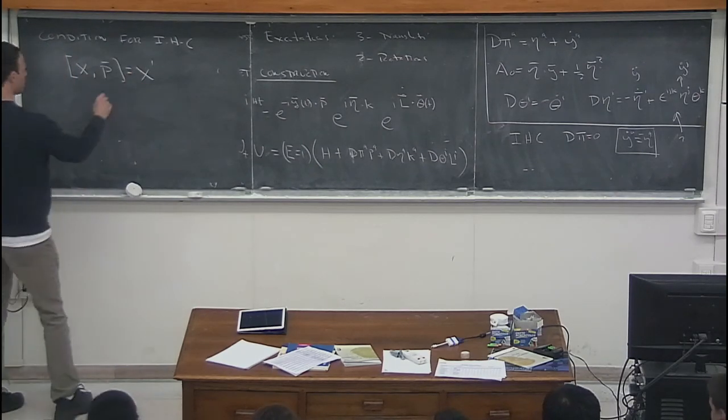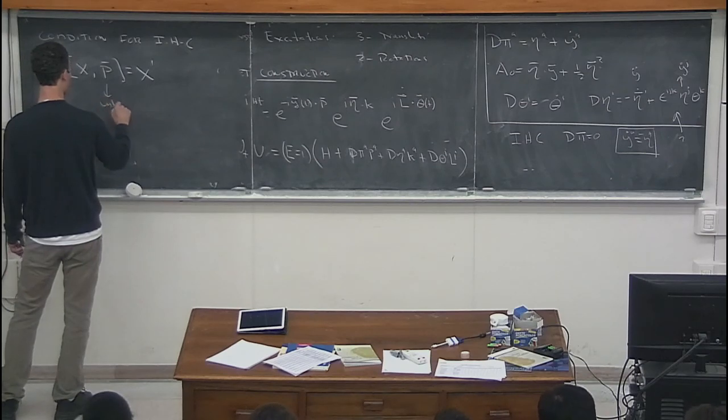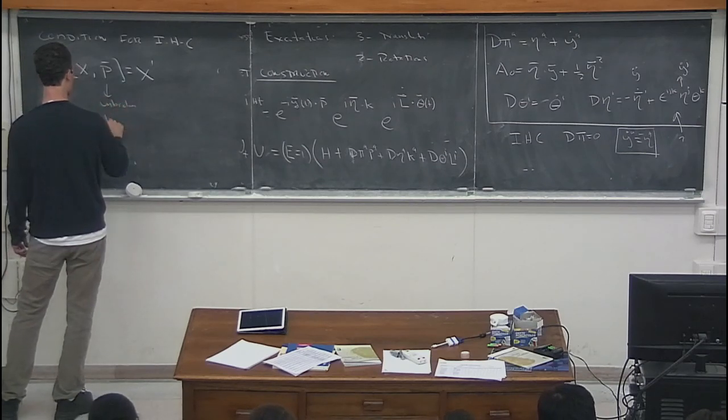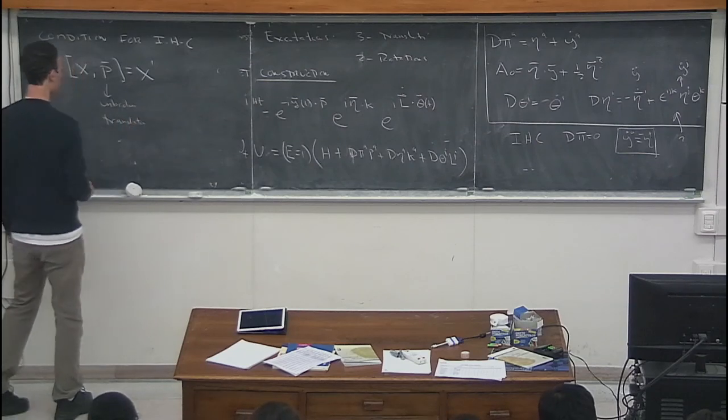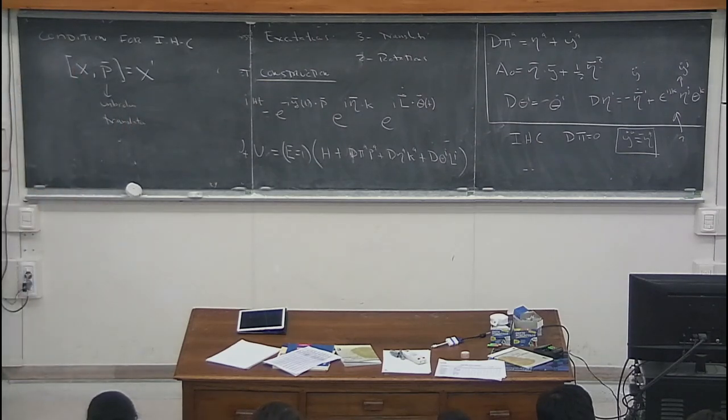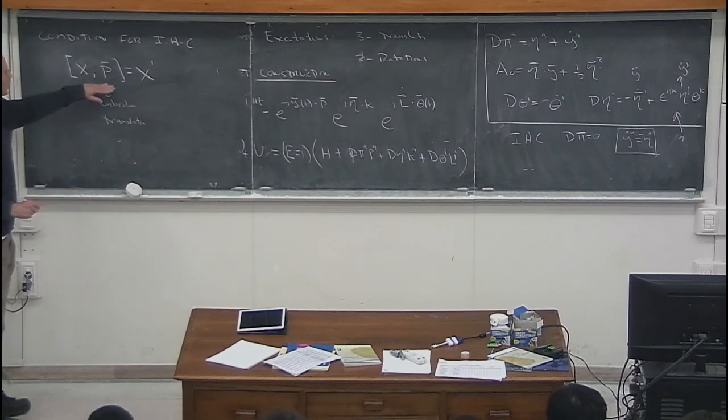So these P bars are these unbroken translations. Physically, what this means is essentially you can trade a translation for another generator.